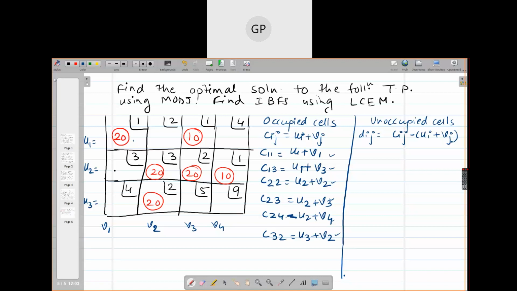Can you solve these equations simultaneously? You have number of variables more than number of equations, so you cannot solve it. So what you have to do is set one of these 7 variables equal to 0.